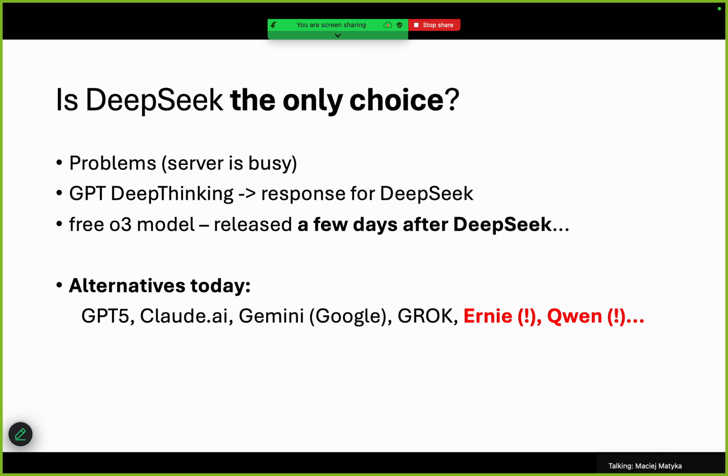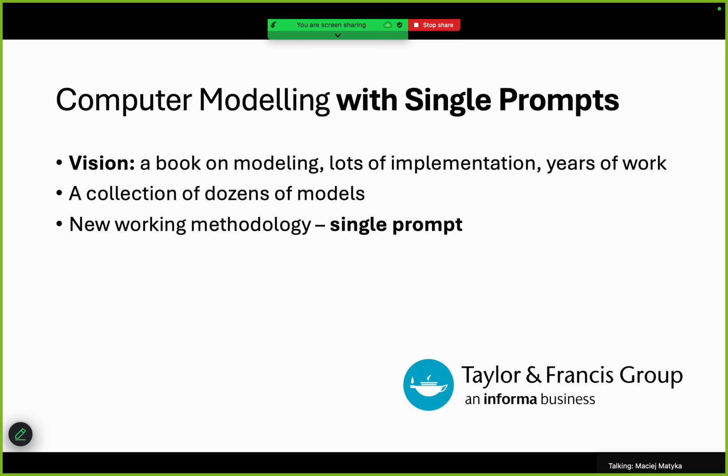Those that are really doing many iterations back and forth. This was originally released by DeepSeek, but the message here is that probably it was there in OpenAI anyway before. Who knows what is there today? We don't know.